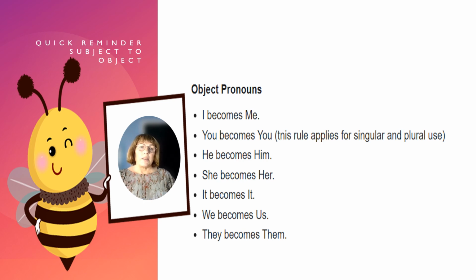A quick reminder, subject to object. So when you're looking at the subject pronoun, that's on the left-hand side of this information, and the object pronoun is on the right.